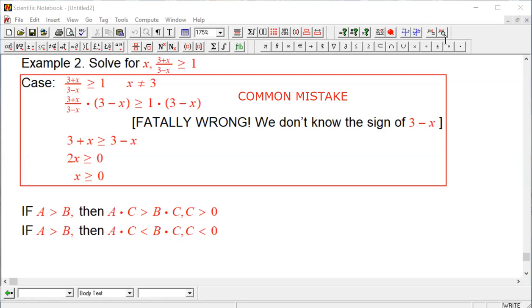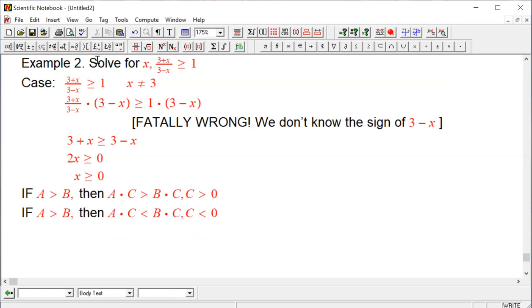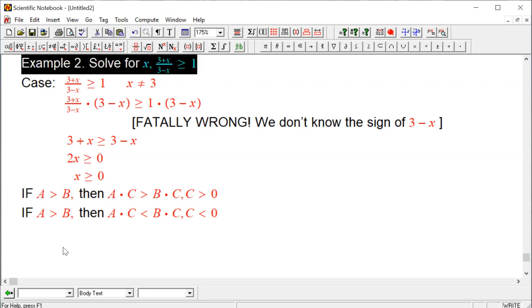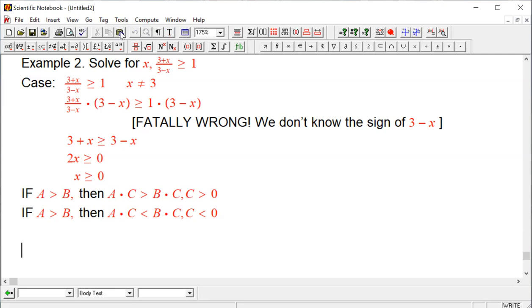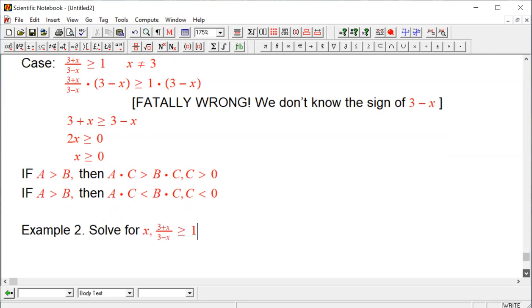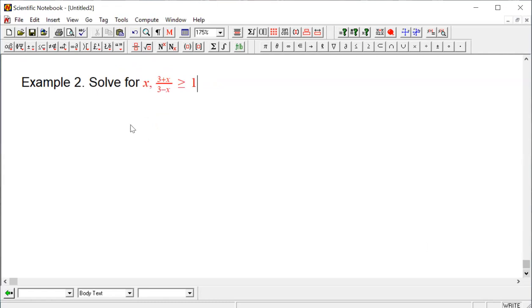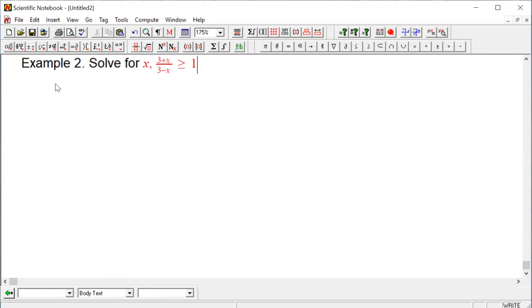So what can be done? Let me show you the right way to do it. And of course, there is more than one right way to do it. Let's get started. The first method, which is the most straightforward, is to make 0.